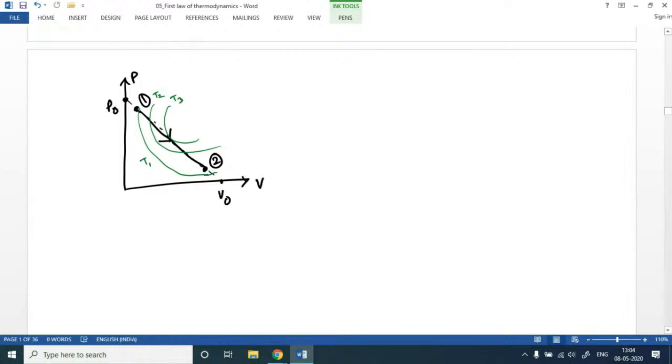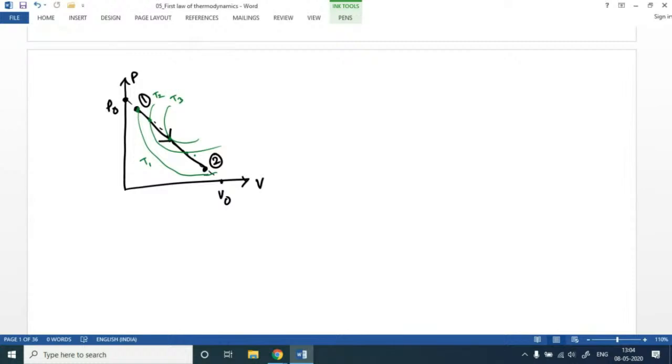So as we are moving from this point to this point, the temperature changes from T1 to T2, then T3, and then back to T2, and so on. So clearly you can see first the temperature is increasing, then the temperature is decreasing. So basically, up to a certain stage the process would be endothermic, and then it will become exothermic.